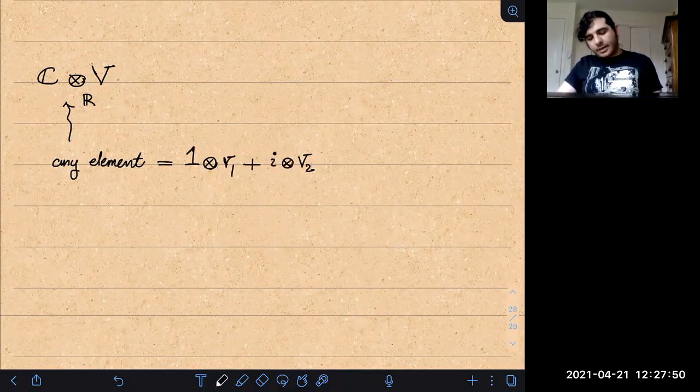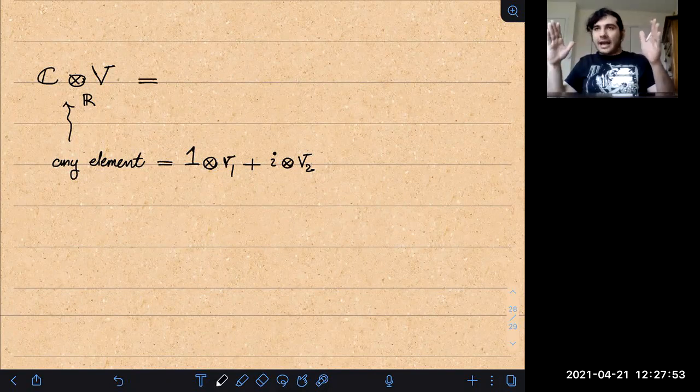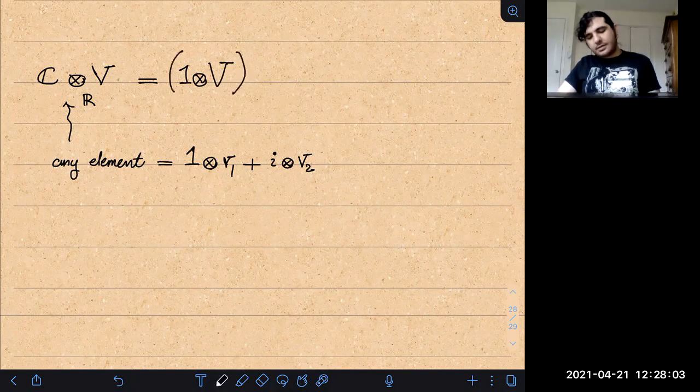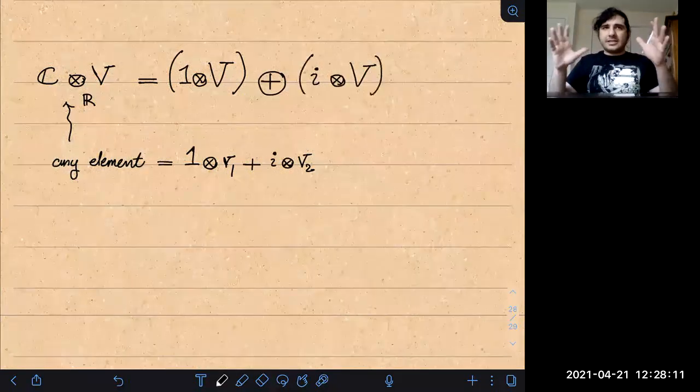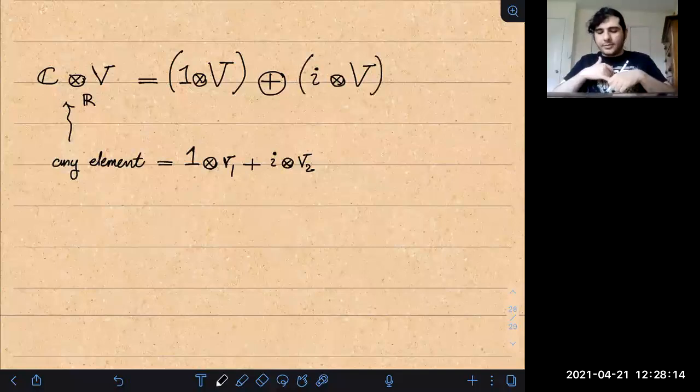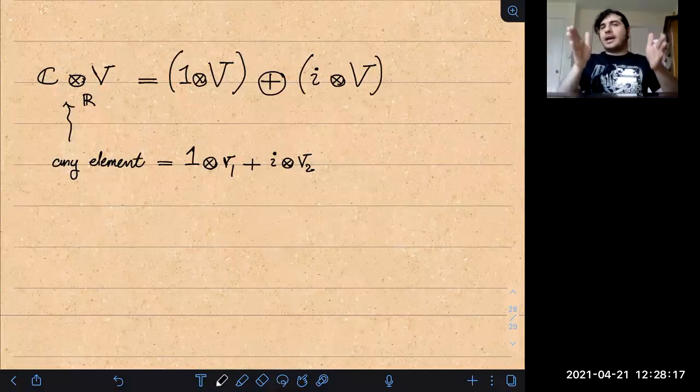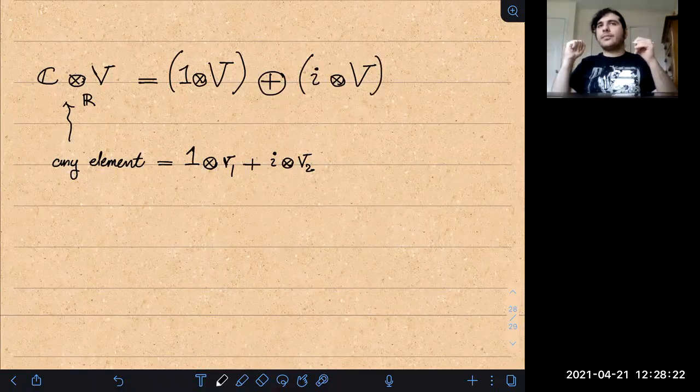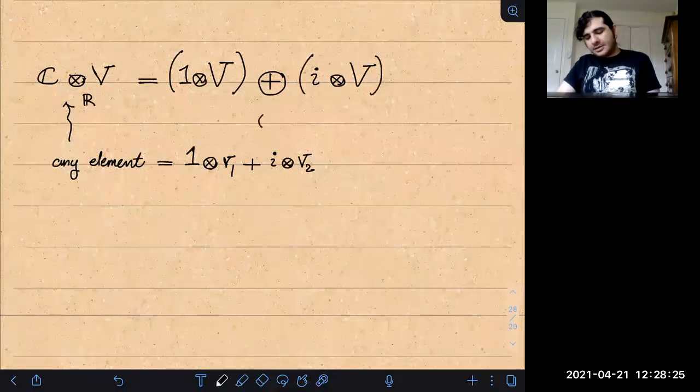So we actually get a direct sum decomposition: 1 tensor this vector space V, plus direct sum i tensor this vector space V. Actually, this is just a notation. It might be a little confusing. I just mean we would have two copies of this vector space V. So it's the same as V plus V.